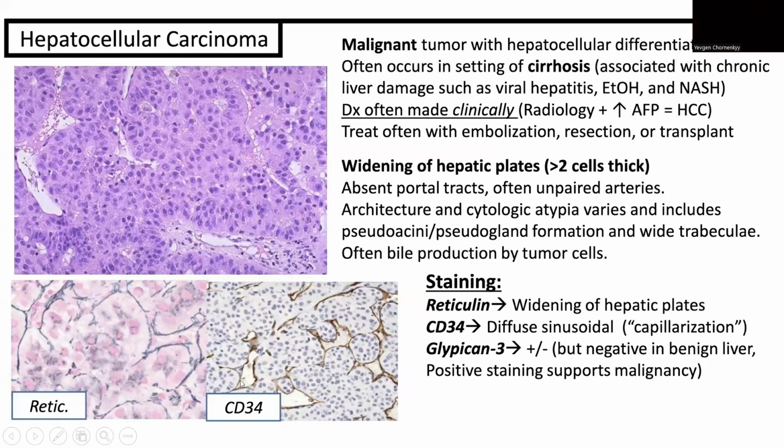And CD34, I don't think we use that routinely, but it shows sinusoidal capillarization, and literature says that can happen when these cells become damaged and reactive and sinusoids become more capillarized. But we wouldn't use this so much. And then glypican-3 supports malignancy, but again, it's not super specific. And like you said, AFP could be possible.